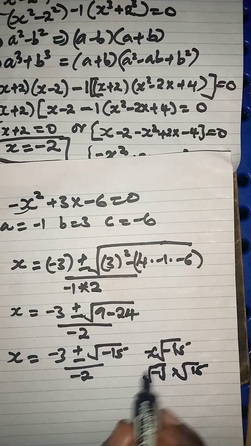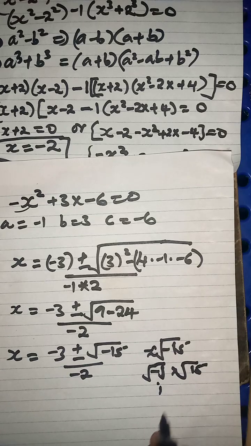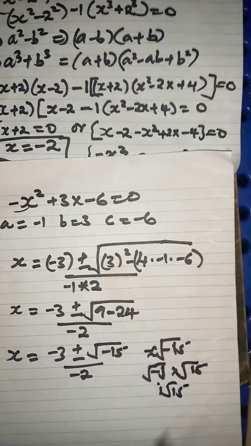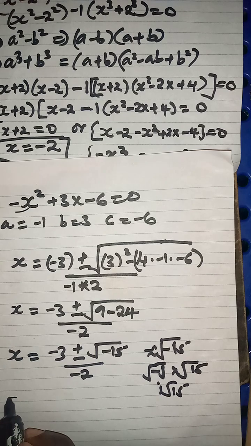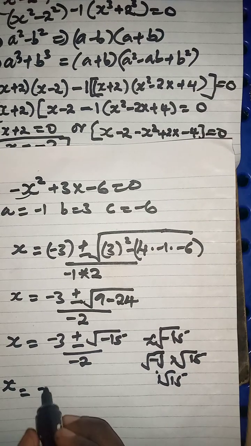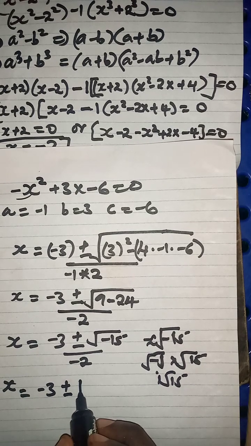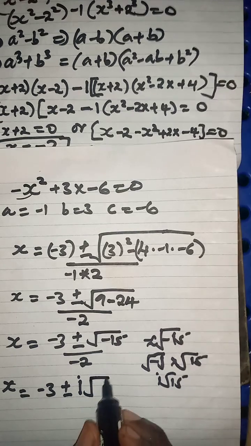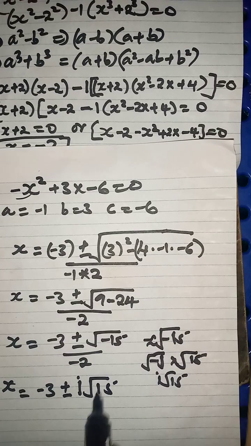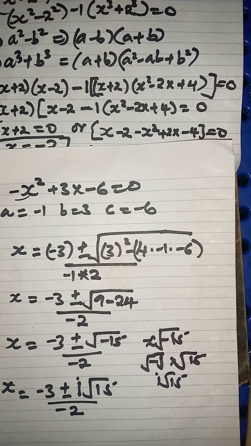And of course, the square root of negative 1 is i, an imaginary number, times root 15. So using this, my final solution for x now becomes negative 3 plus or minus i multiplied by the square root of 15, where i represents the square root of negative 1, all over negative 2.